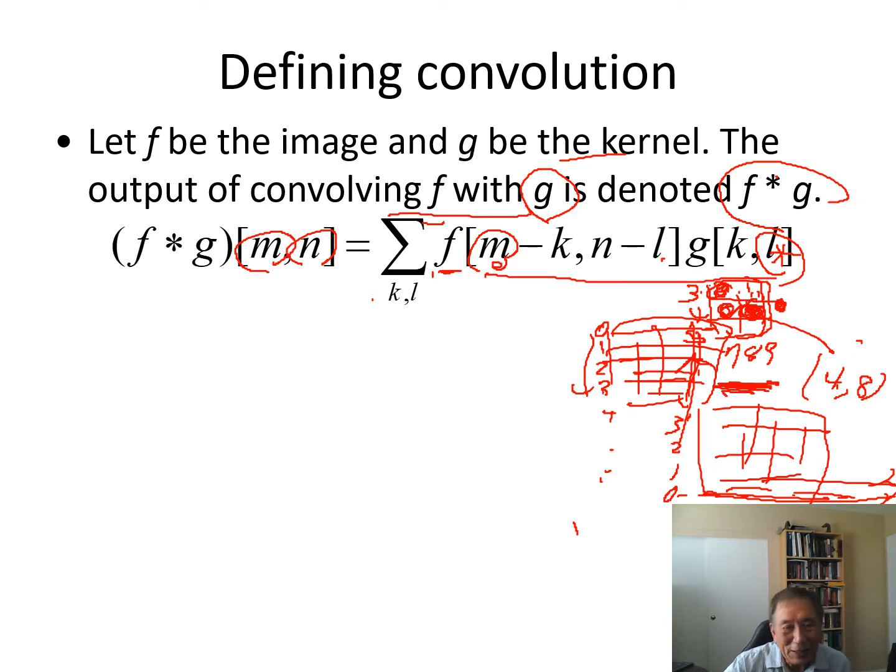So in a way, the summation, see here, there's a K. So K equals minus 1, 0, plus 1. Sorry about it. Let's do it again. Erase it.